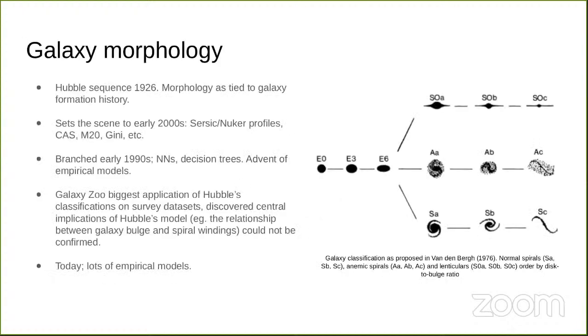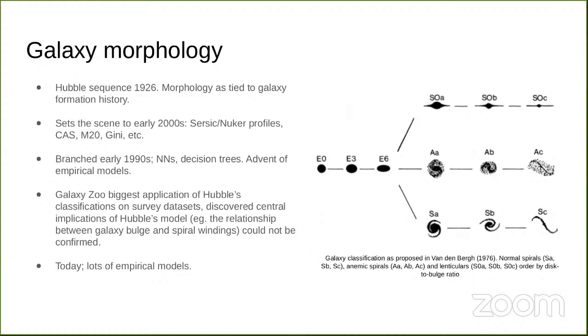Okay, so a tiny little bit about the history. Arguably morphology got its real start around 1926 with Hubble's sequence. It's a visually appealing design that attempts to order the galaxies into a forked model with a decreasing disk to bulge ratio from left to right.